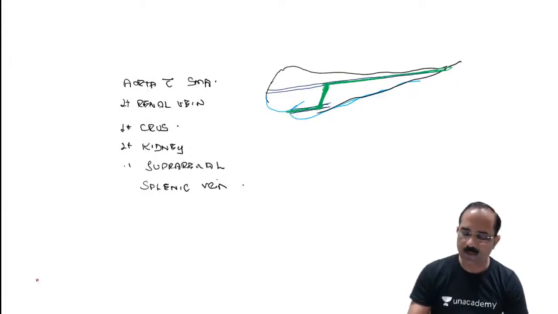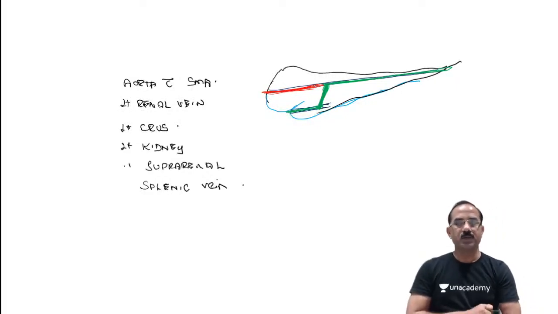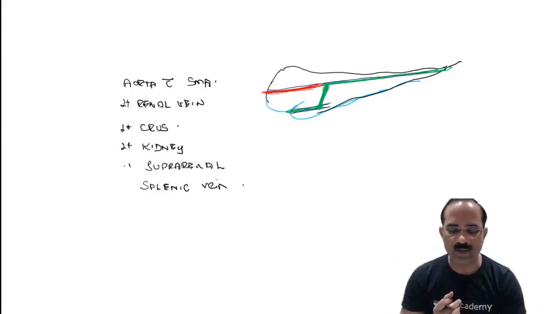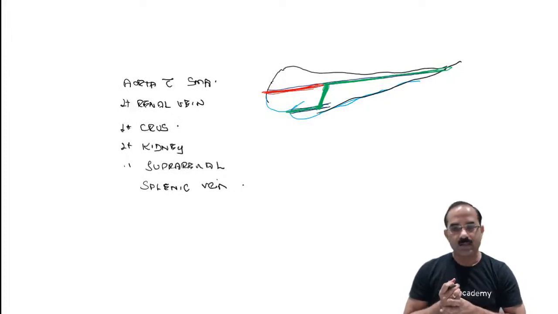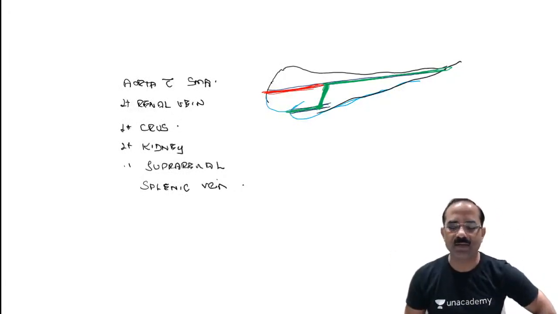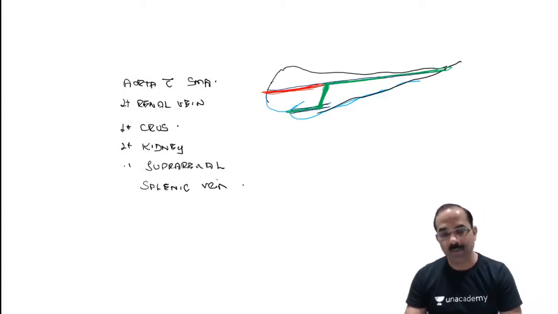And what does this become then? This becomes the accessory pancreatic duct. Clear? So the uncinate process drains via which duct? Can you answer this? The uncinate process drains via the main pancreatic duct. It's not the accessory pancreatic duct.